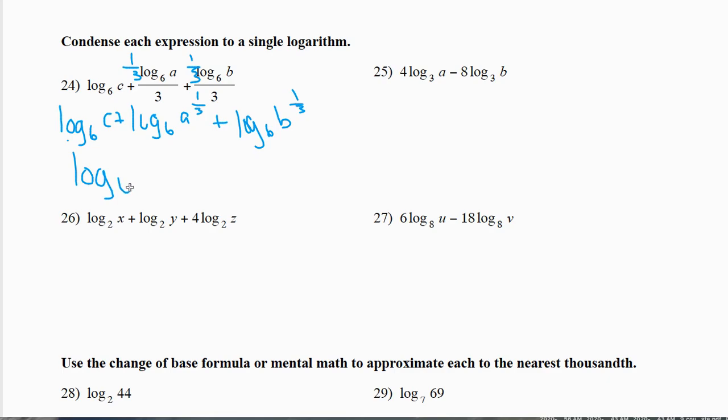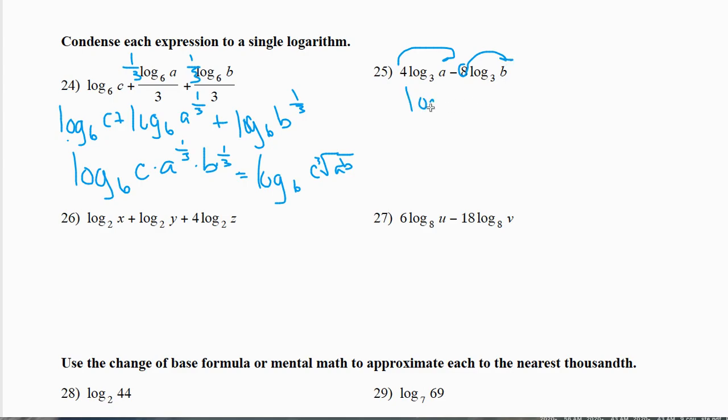So it becomes log base 6 of c times a to the 1/3 times b to the 1/3. Now because those have the same exponents, and remember 1/3 is a cube root, I would actually rewrite this as the log base 6 of c cube root of ab, personally.